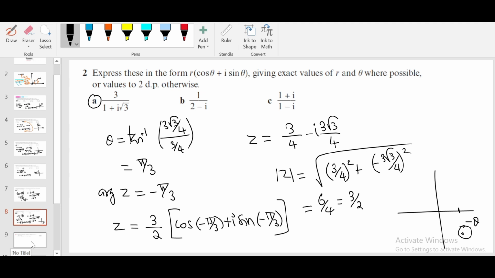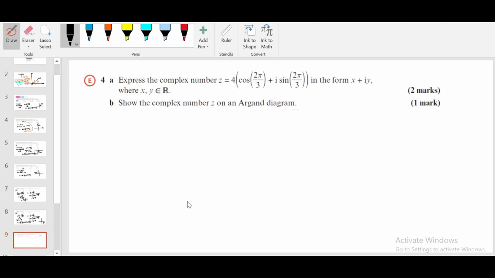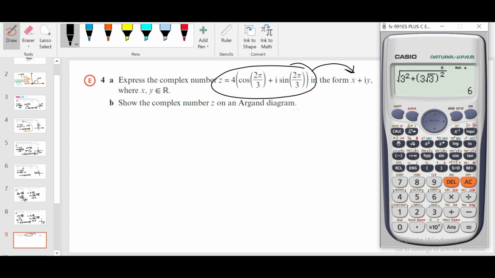Let's move on to the next question now. Question number 4 from the same exercise. Now the other way around, you are given the modulus argument form. They want you to write it in the form x plus iy. It's very easy. Find the value of cos 2 pi/3 and sin 2 pi/3. Cos 2 pi/3 is minus 1/2.